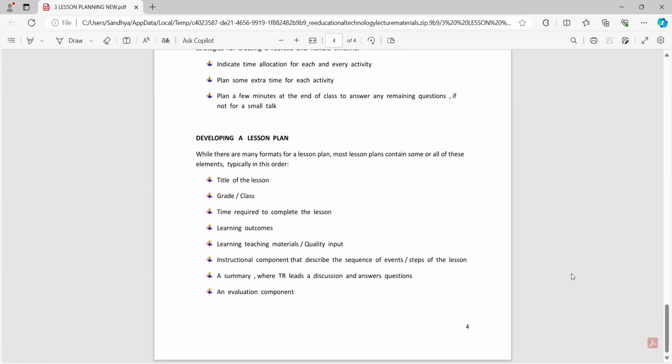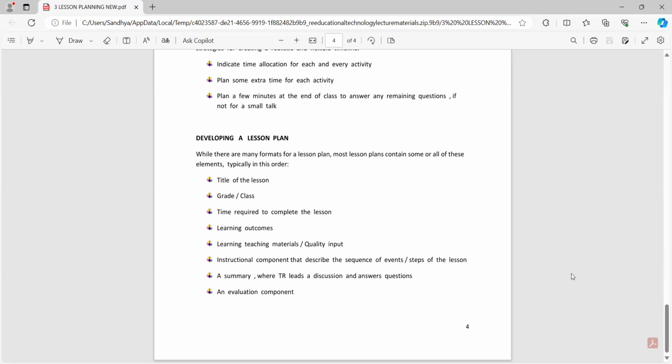Can one of you read the components of a lesson plan that you write? Title of the lesson. Yeah. Grade or class. Time required to complete the lesson. Yeah. Learning outcomes.